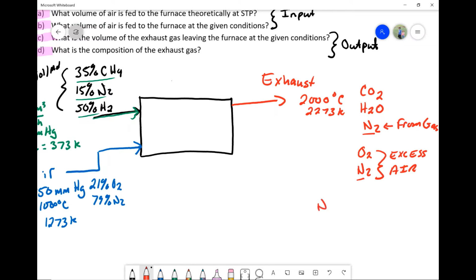So here N2 is not in the reaction, but we have, that's supposed to be have, I'm sorry, to keep track of it.